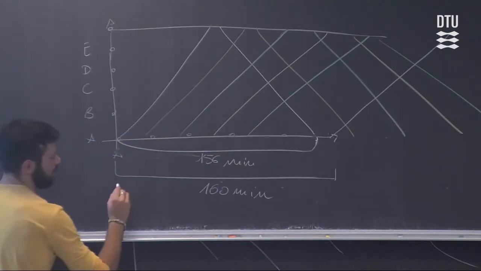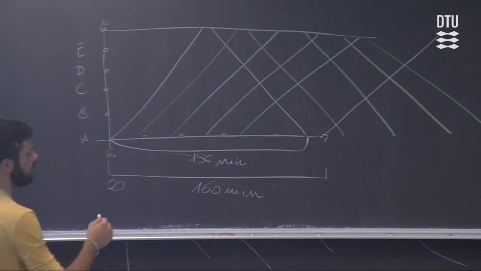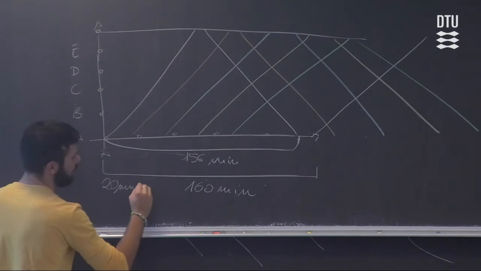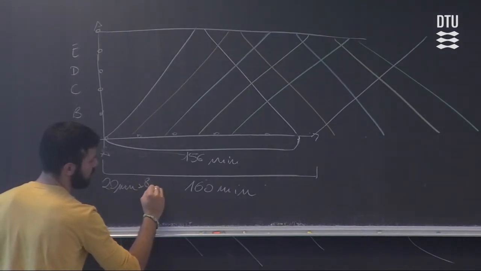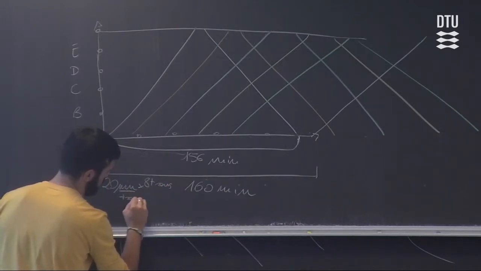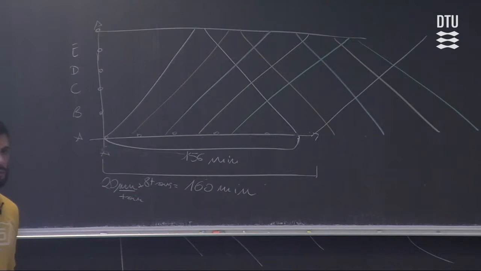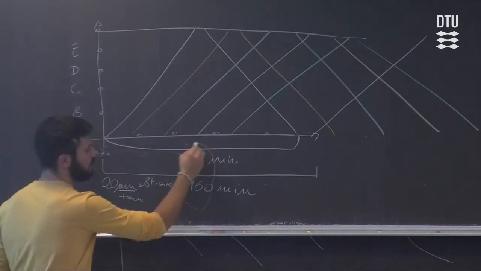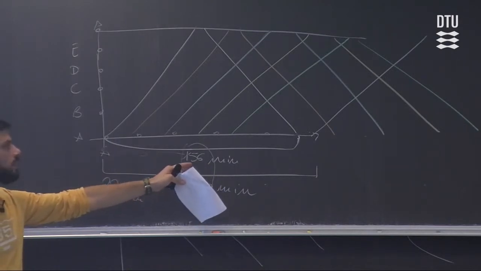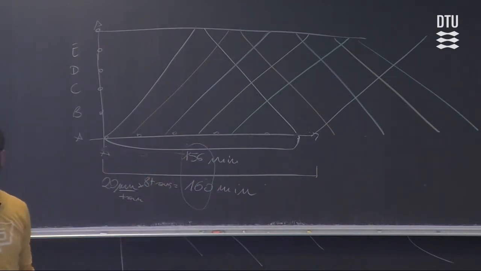That is exactly the frequency, the interval between 2 departures, which is 20 minutes, multiplied by the number of rolling stocks that we have. So this train is going to be 160 minus 156 minutes at the stop. This is for the next service to begin. Exactly, but not for the next service; for the same piece of equipment.